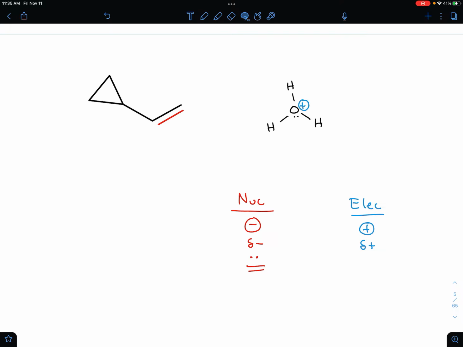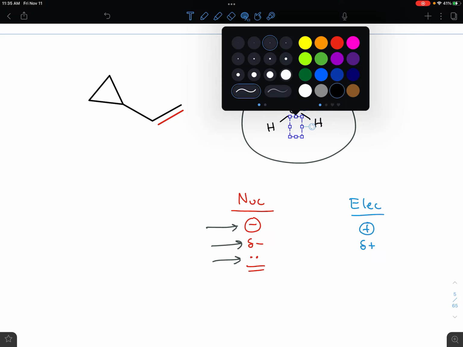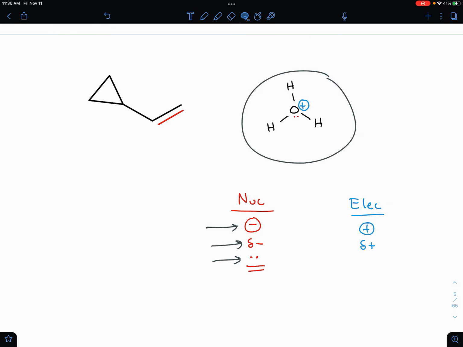Now, if we go to the other molecule, hydronium, excuse me, we can play the same game. There are no full negative charges on it. There are no partial negative charges on it. There is a lone pair, it happens to be on the oxygen here. So that lone pair might, theoretically, be attracted to an electrophile.